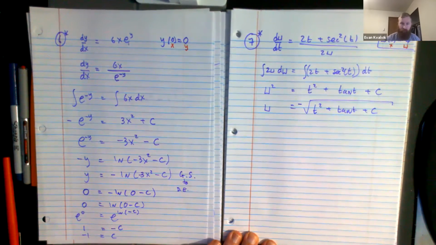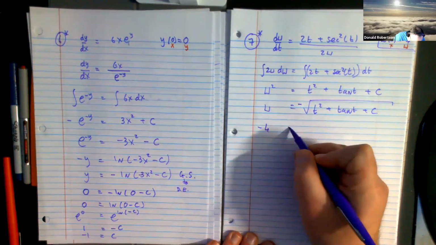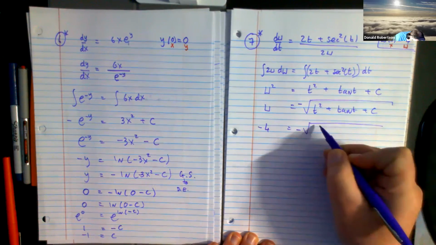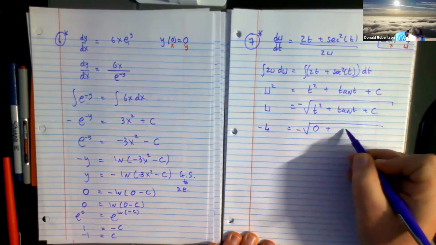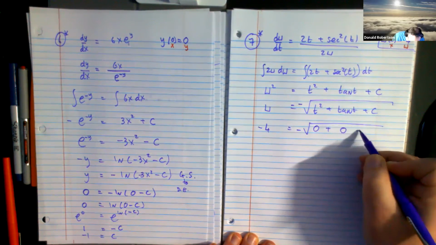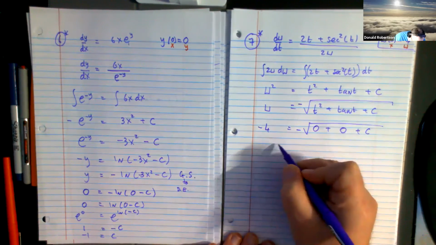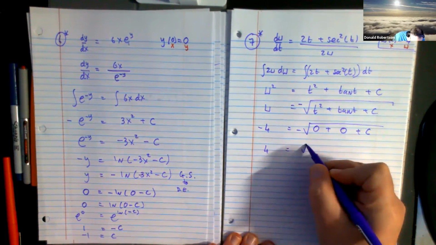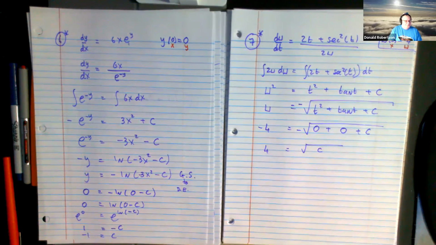Yes. So this is -4, and it's negative nothing squared, which is nothing, plus a tan of nothing, which is nothing, plus c. Probably don't need this line, but I'm doing it anyway. Okay, what do you need to do to both sides to get c?